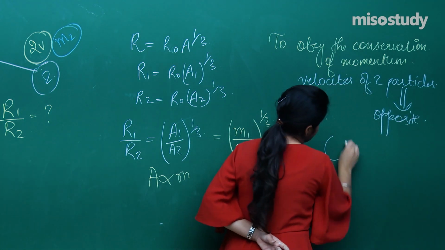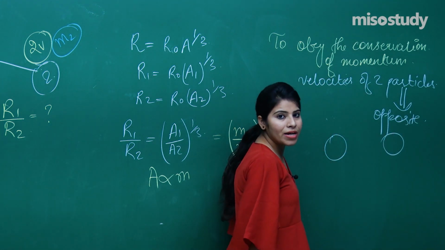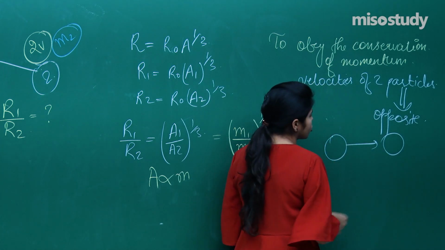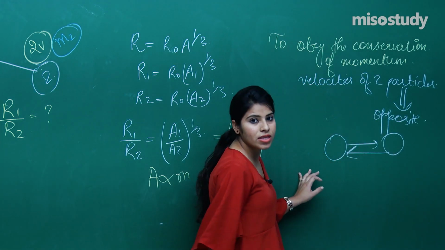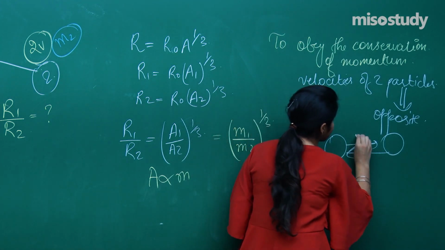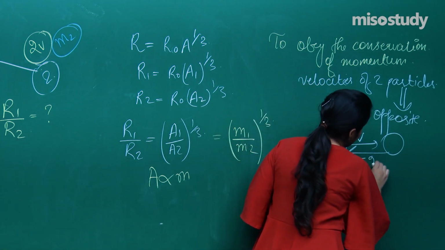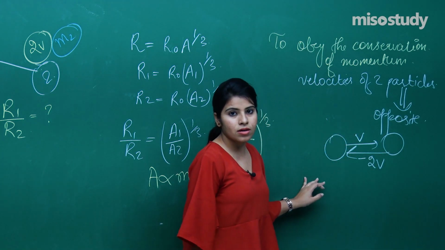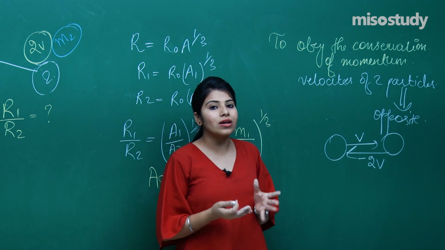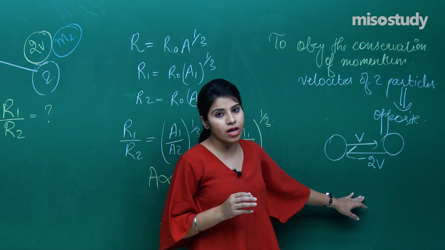Opposite in the sense, suppose this is two particles, if one is moving in this direction, another one should be moving in this direction. So that means if it is moving with V, it will be moving with minus 2V, right? Because to show the opposite direction, we are using negative sign over here.